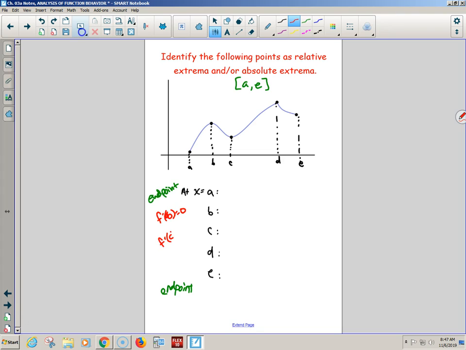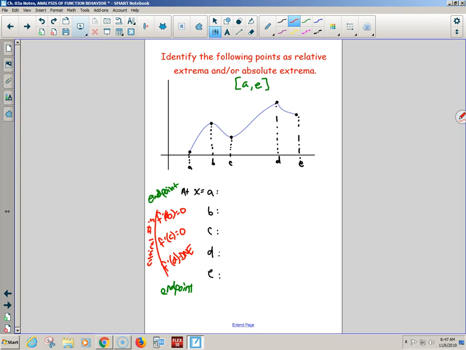This one is F prime of C equals 0. This one is F prime of D does not exist. That's a sharp point. This one is an almost 0. I would almost call this guy a critical number, but he's not quite at the bottom. It has to be a lot more obvious for me to call him a critical number. That guy's definitely not a critical number because isn't his slope some obvious positive value? That's sloped up, and if you look at him, he's sloped down. Not very sloped down, but he hasn't quite gotten all the way down. So these two are endpoints, and these guys are critical numbers or critical values. Different ways of saying it.